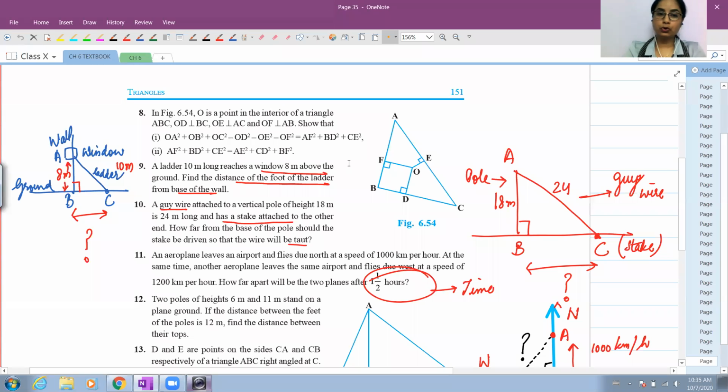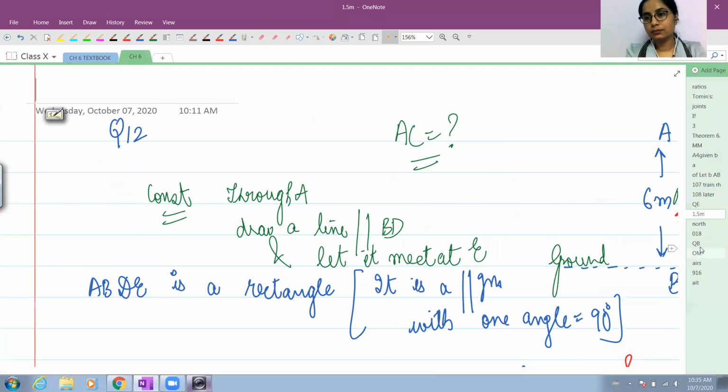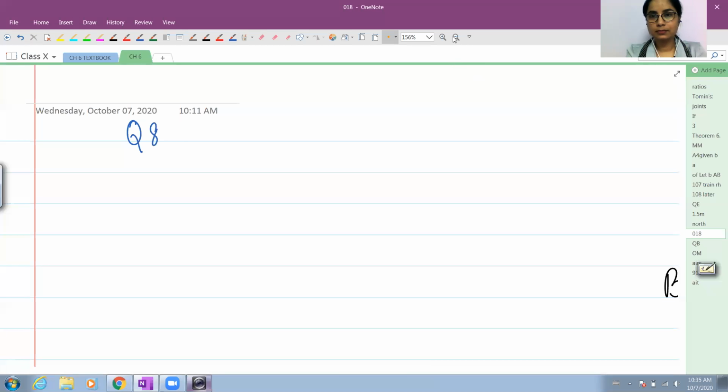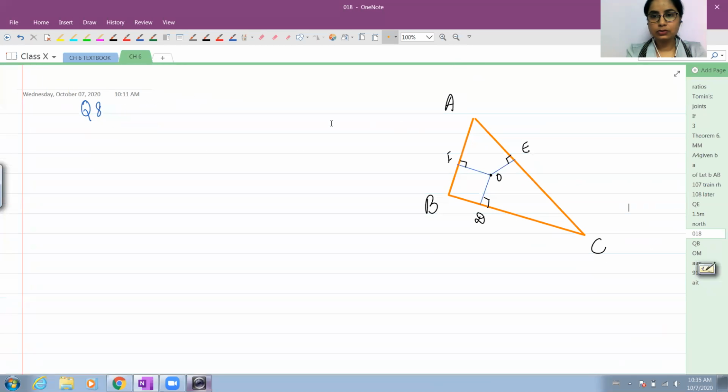Now, once you draw OA, OB and OC, you will see that you obtain right triangles. So this is the triangle that we have, ABC, in which O is a point in the interior. I've drawn perpendiculars from O onto the three sides, OD on BC, OF on AB, and OE on AC.